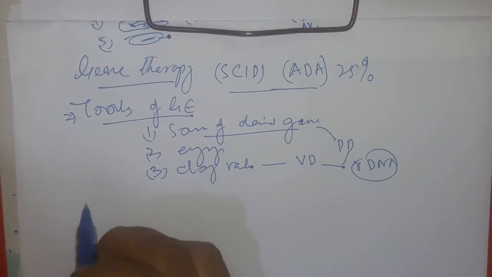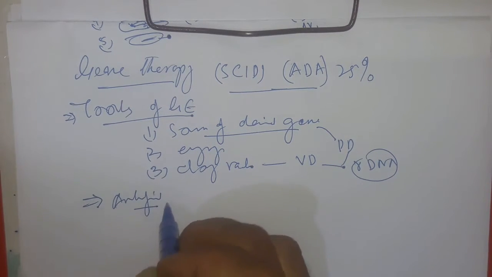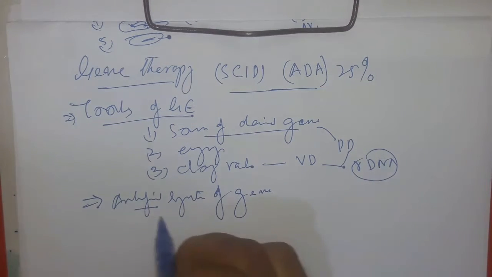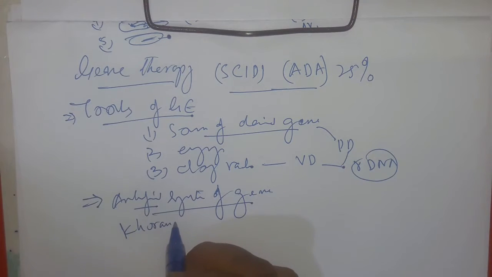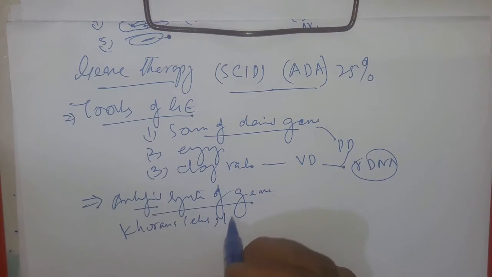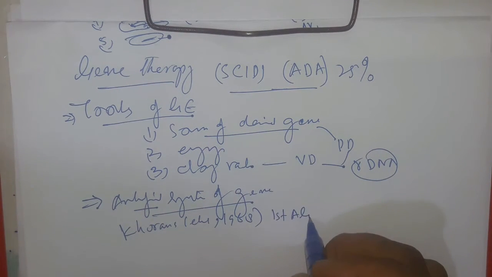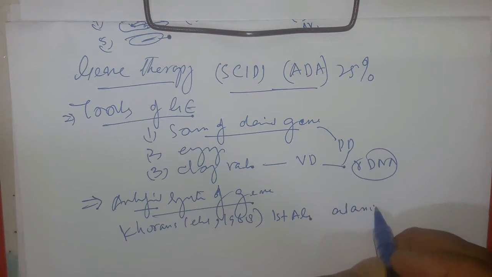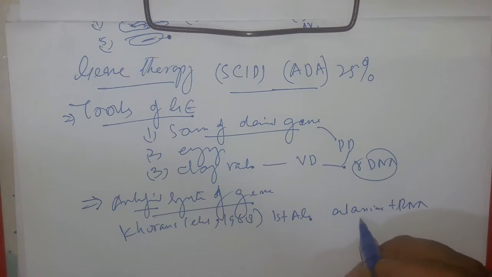That's cloning vectors. Now we have artificial synthesis of genes also. It was the scientist Khorana et al. in 1968 who prepared the first artificial gene, of alanine tRNA, having 77 nucleotide pairs.